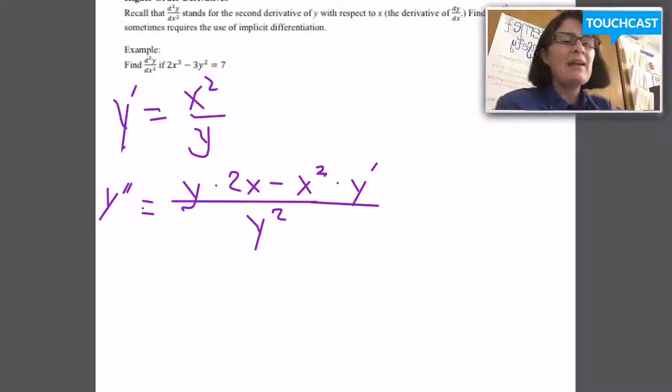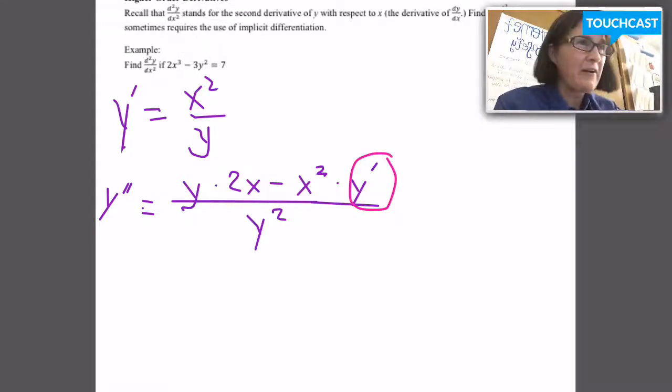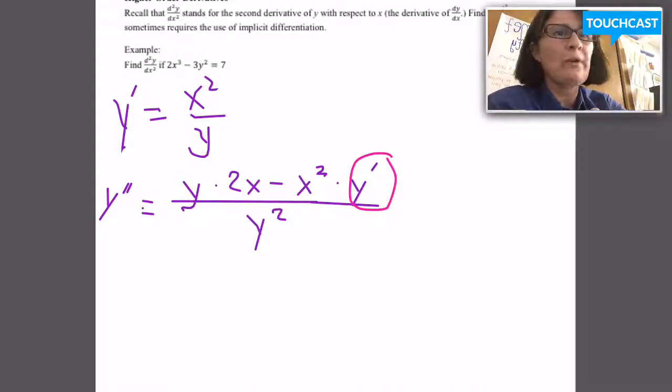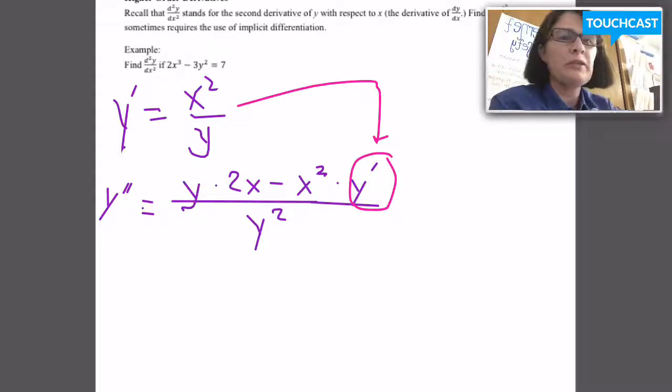But just notice that this expression, y prime, is kind of like a variable. And since our original problem only had x's and y's, we don't want to give an answer that has another variable in it. So what we're going to do is take the y prime expression that we got in our first step and just substitute it in.